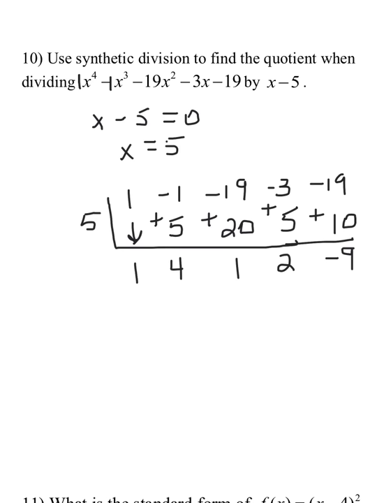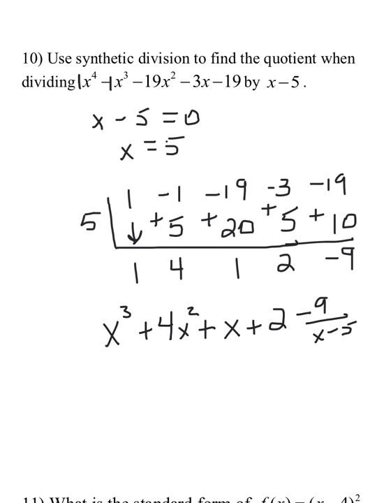So I'm going to put that down. X to the 3rd, and then this is a positive 4, so plus 4x squared plus, now this next one's going to be just 1x, and then my constant, which is a 2. Now I have a remainder of negative 9. I'm going to write that as negative 9 divided by our original divisor, which was x minus 5. And that is your final answer.